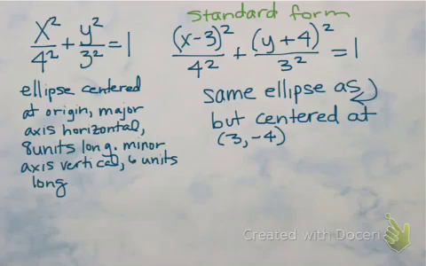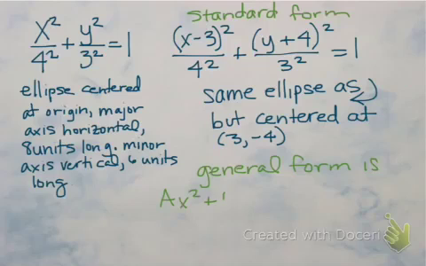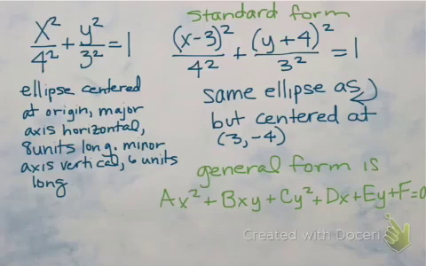Okay, the standard form is what we see at the top, and you'll also use a form that's called the general form, and it is written in this form: ax squared plus bxy plus cy squared plus dx plus ey plus f equals 0.